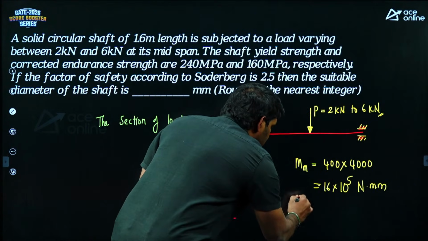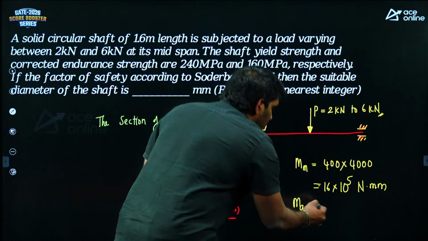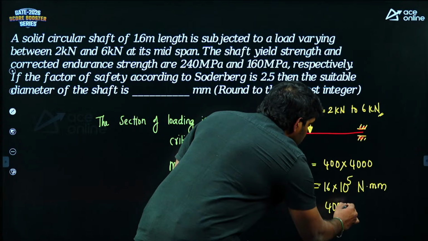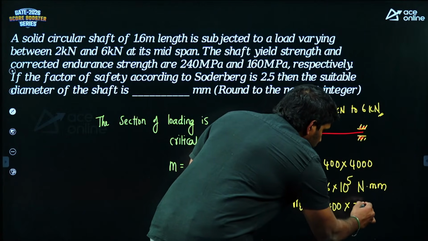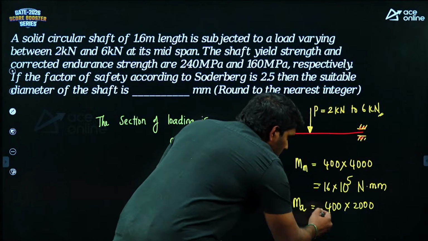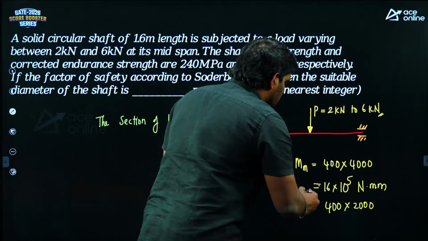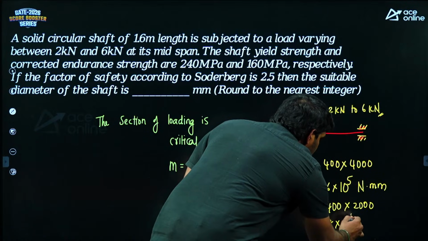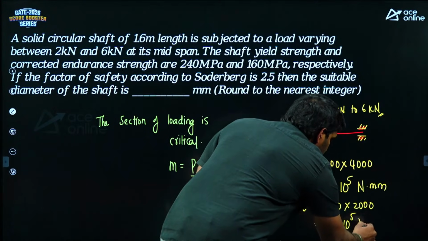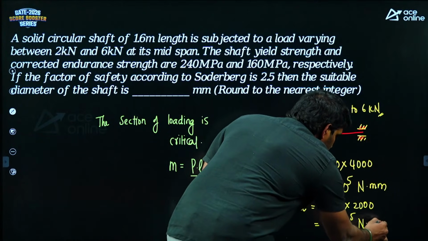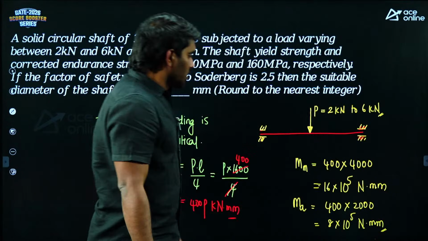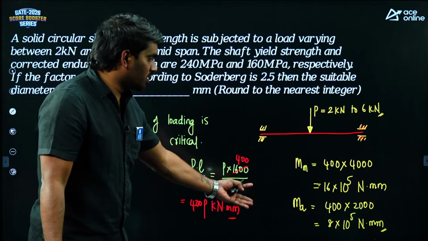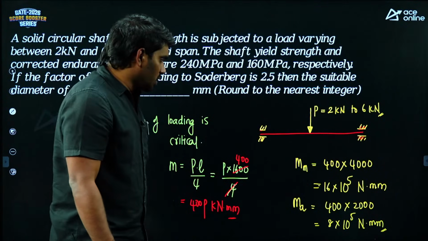Similarly, what is the amplitude? Amplitude is nothing but 400 into 2000, which means 4 2s are 8. I can say that this is 8 into 10 power 5 Newton mm. So the mean is 16 into 10 power 5 Newton mm, and the amplitude here is 8 into 10 power 5 Newton mm.